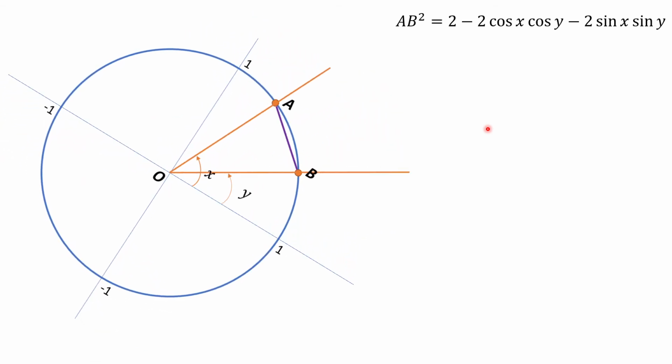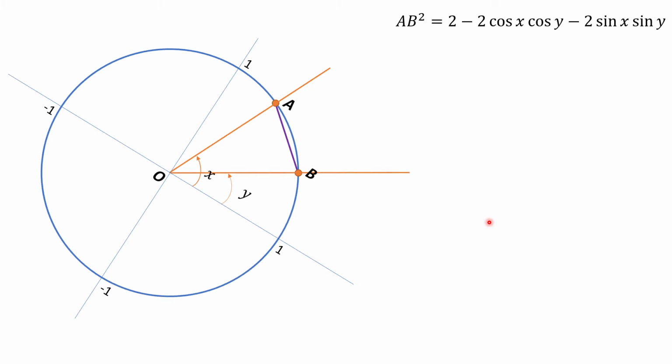If we do this, line OB becomes a horizontal line for us. But because we moved the whole picture, the distance between A and B did not change, and that's very important.